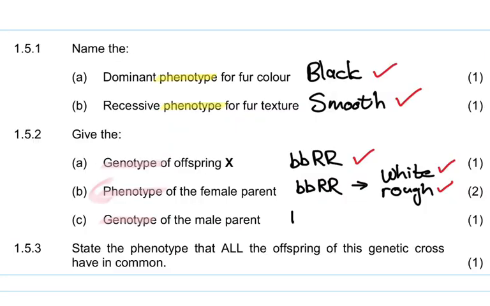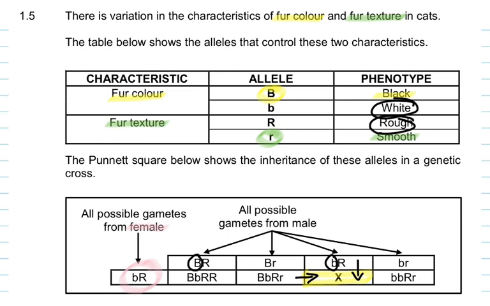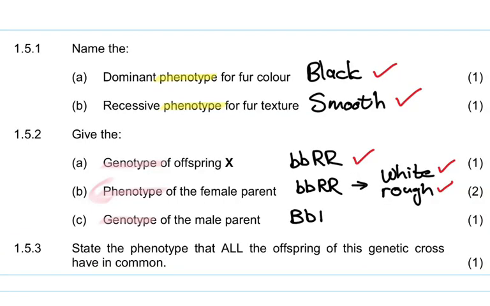So let me write there, capital B and a small b. And there is a capital R and a small r. Capital R and a small r. And then that's going to be for 1 mark. Easy peasy.